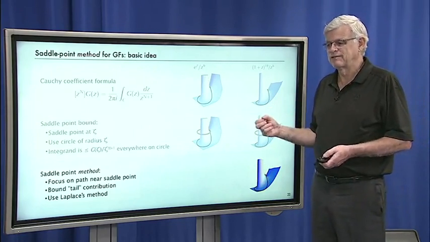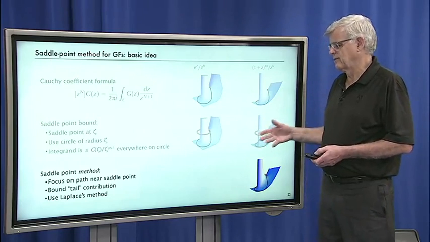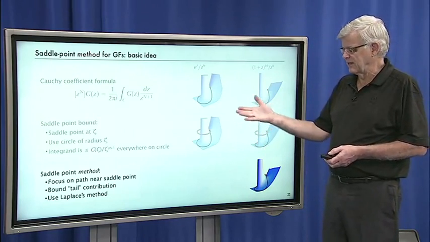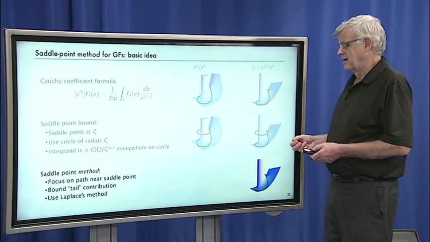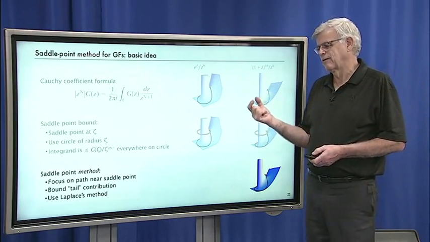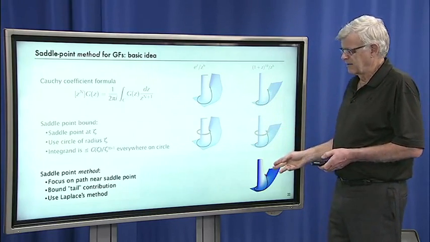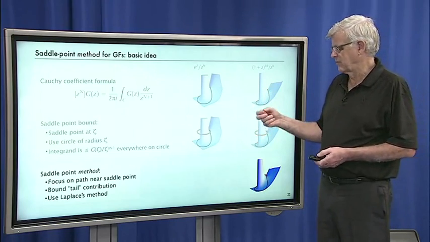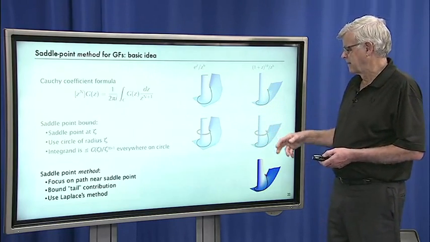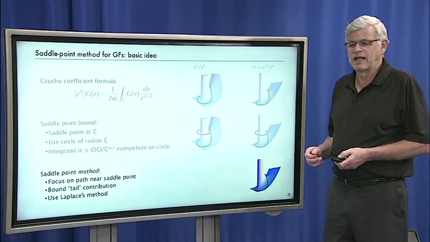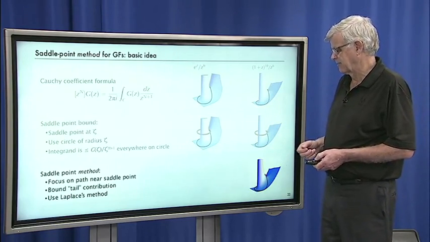This is like Laplace's method that we talked about very early on in asymptotic analysis, where you focus on the center, bound the tails, and then bring the tails back. And with that kind of calculation, we can get very accurate asymptotic estimates.